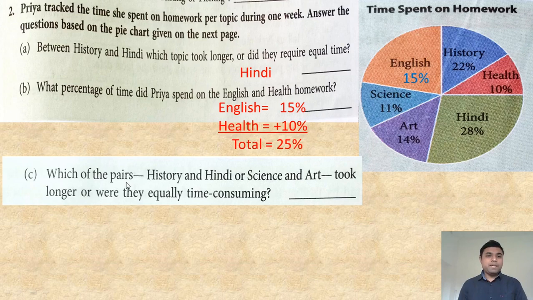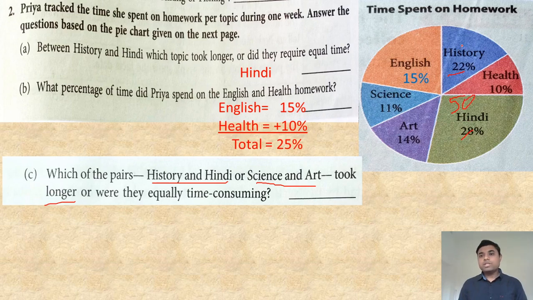Question C. Which of the pairs, history and Hindi or science and art, took longer, or were they equally time consuming? So just see here, history and Hindi, history 22, Hindi 28. So what will be their sum? It will be 50.